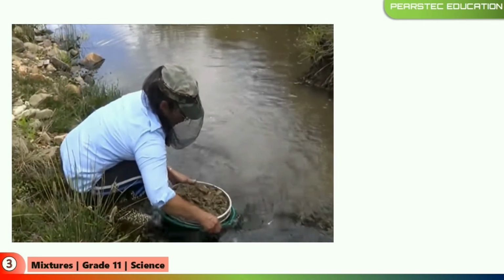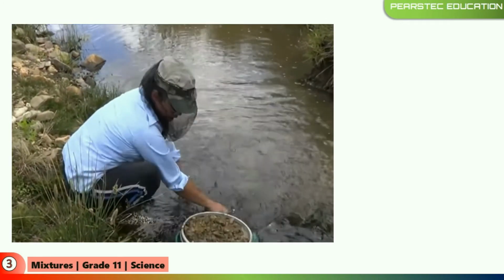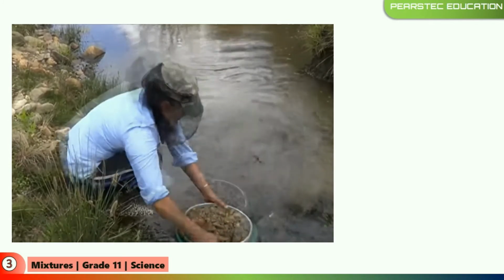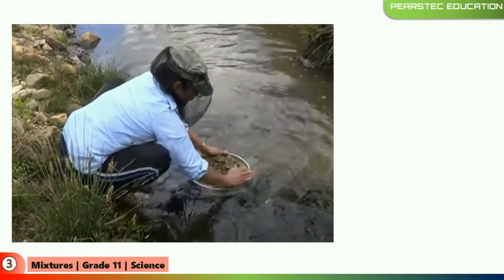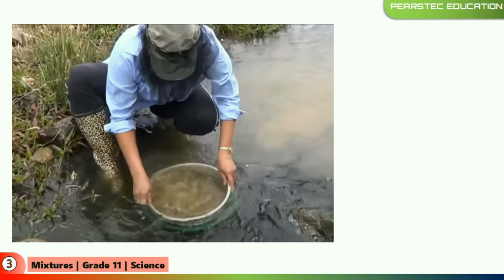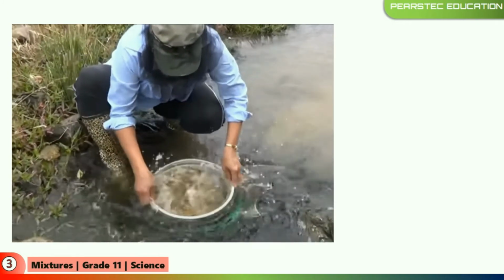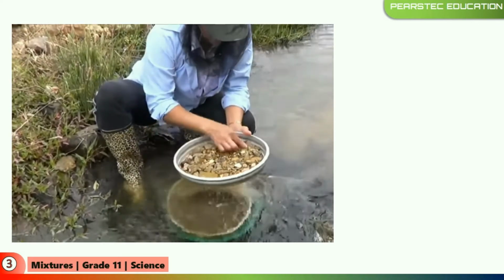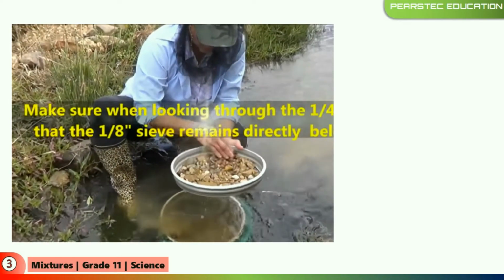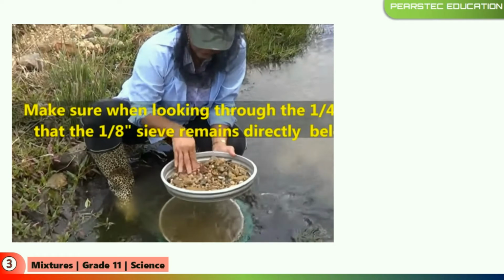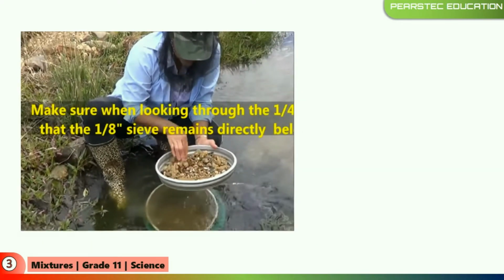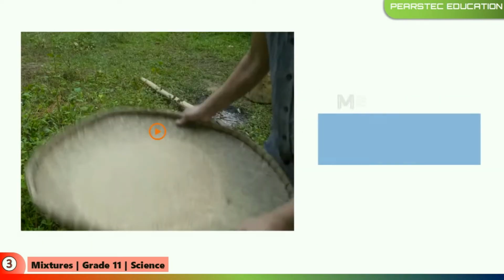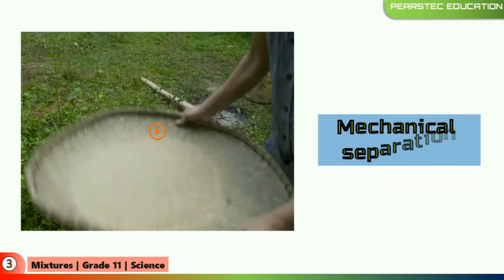You see, those particles are in different sizes and that lady is using that particular strainer. Look at that. Right, okay, we understood the separation is happening over there and those are called mechanical separations.